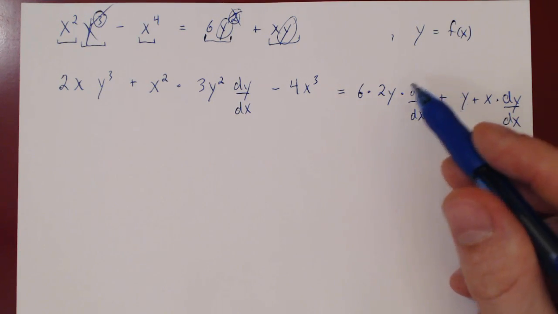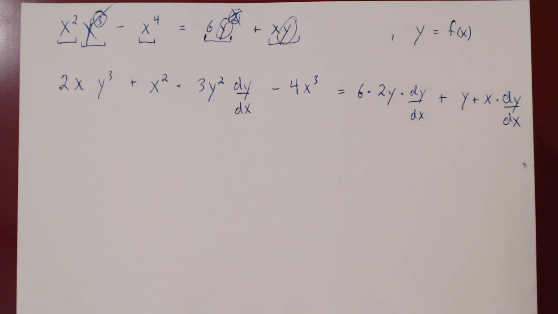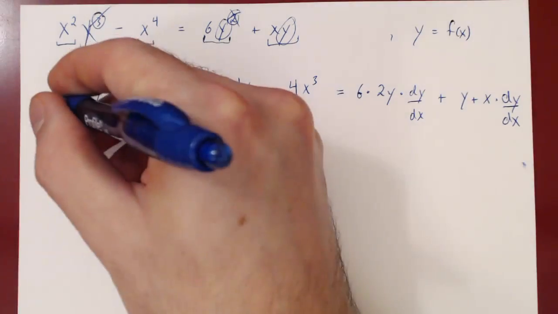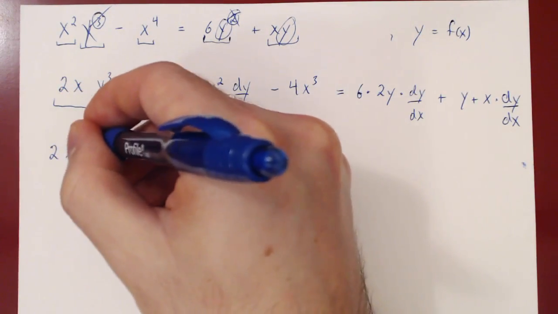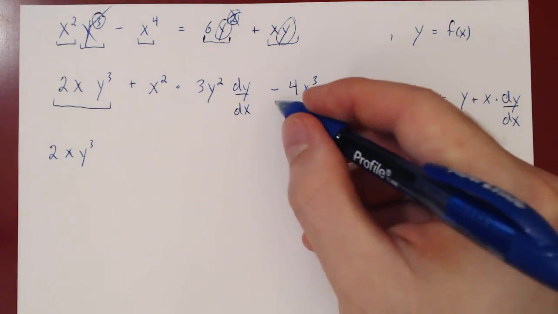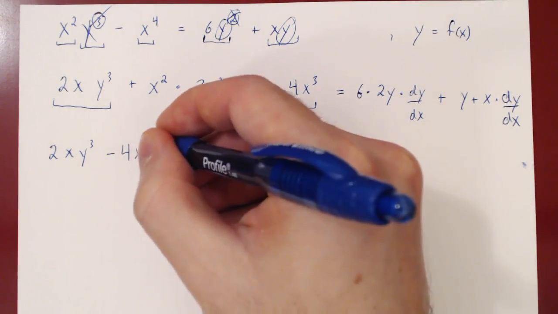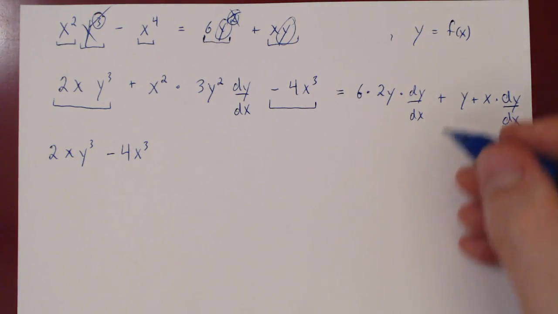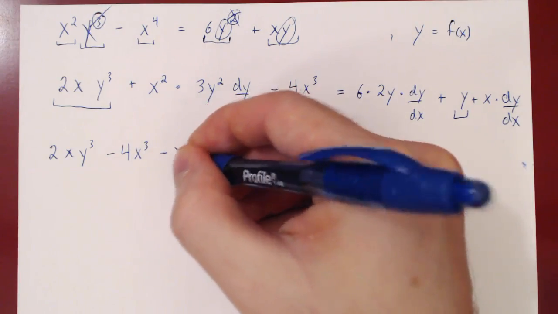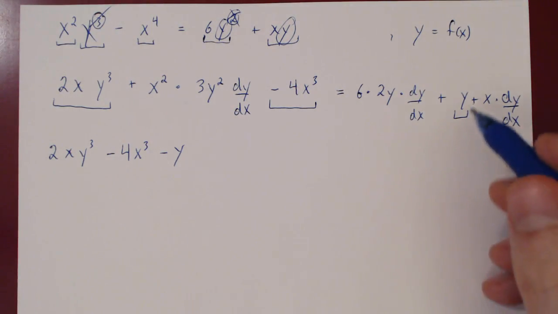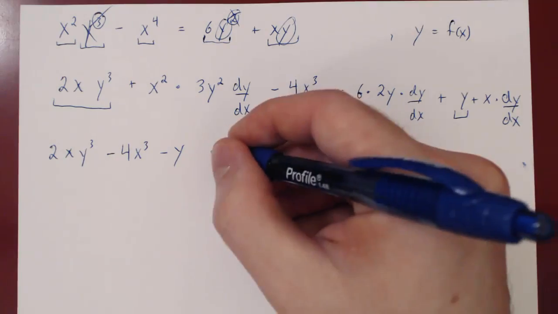Since there are already two dy over dx's here, we'll isolate dy over dx onto the right-hand side. So let's see, 2xy cubed, that stays on the left, plus, well, negative 4x cubed, that also stays on the left. The positive y here we send to the left-hand side, negative y. And that takes care of every single term that is not a multiple of dy over dx.